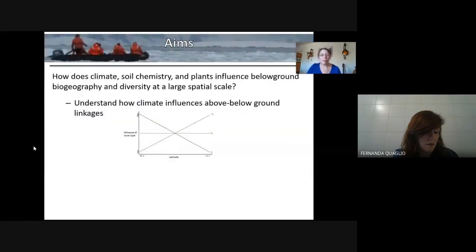So we designed a field campaign to provide in-depth assessments of biological diversity for a broad range of taxonomic groups across an environmental gradient along the peninsula. We want to know how environmental severity along the latitudinal gradient of the Antarctic Peninsula influences the relationship between plant type and soil communities.